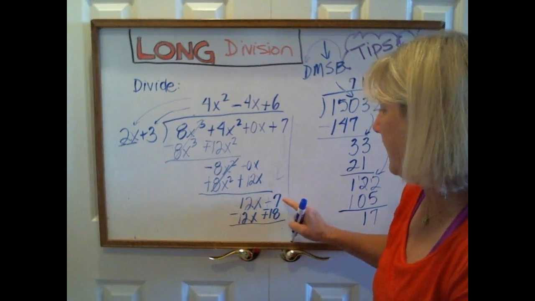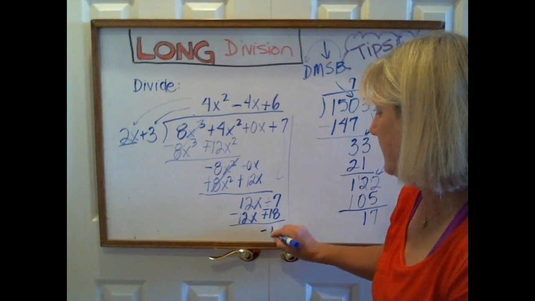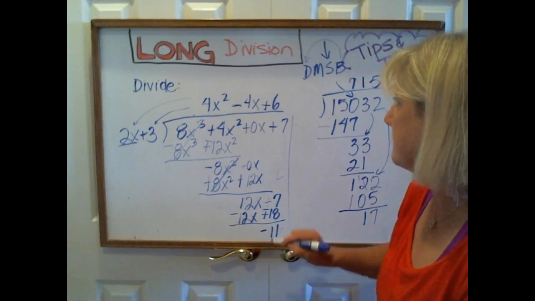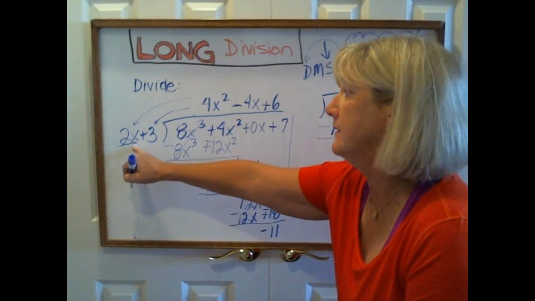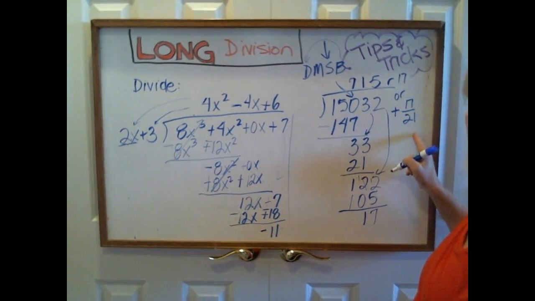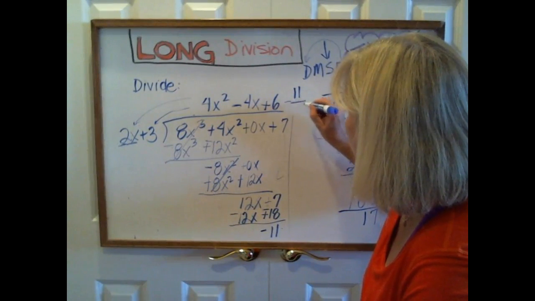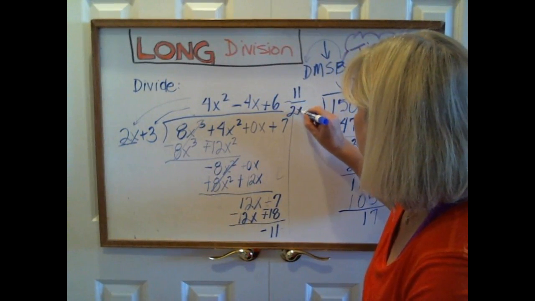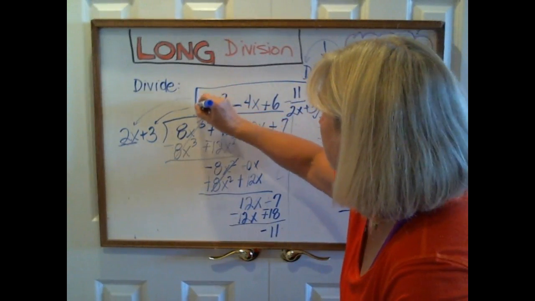Those go away again, and I get 7 minus 18, which is negative 11. So that's the remainder. Since there's no x left to divide this, remember over here we did plus 17 over 21. We're going to do minus 11 over 2x plus 3. And that's our final answer for this division problem.